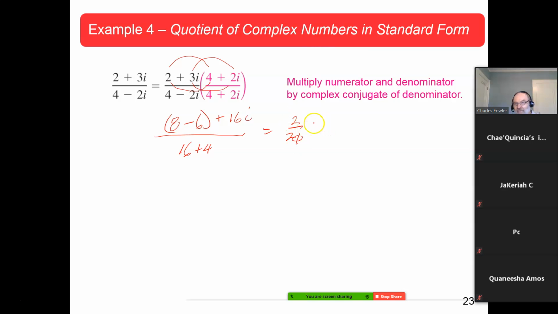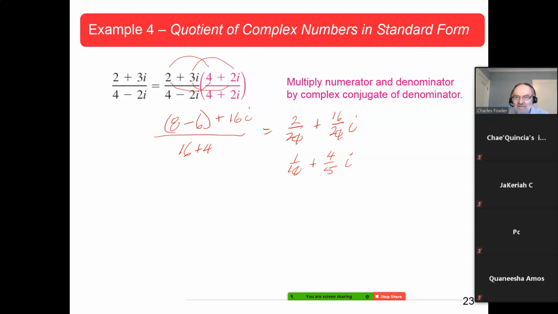That's your real part, plus 16 over 20 I. There's your imaginary part. This would be 1/10 plus, what is that? 8/10, which would be 4/5 I. There it is in standard form, in reduced form too.